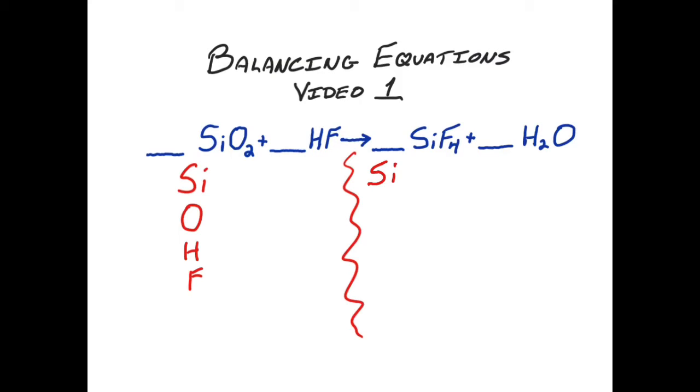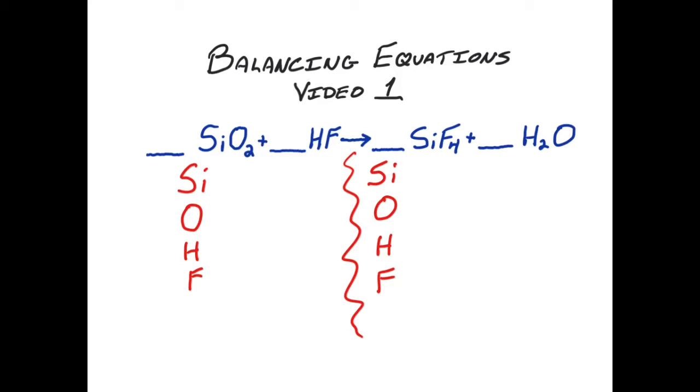So there's my Si, there's my O, there's my H, and there's my F. So we've identified the atoms. And you always have the same atoms on each side. Not the same order, but the same quantity, because elements are not created or destroyed by chemistry.